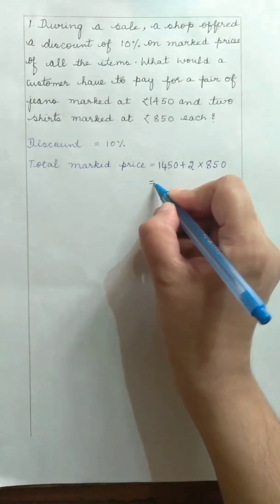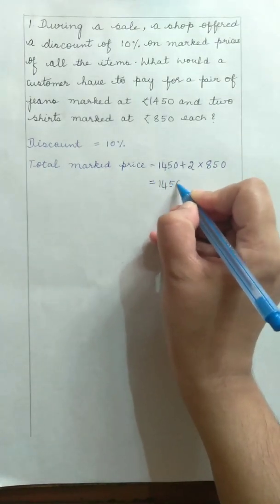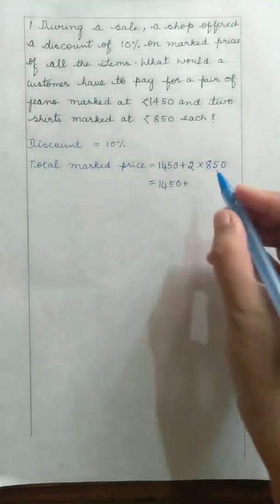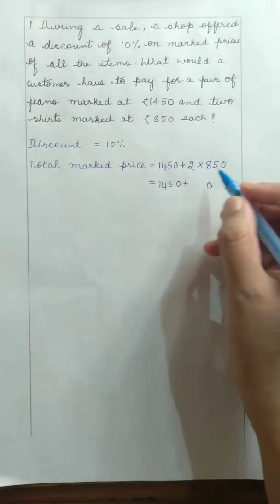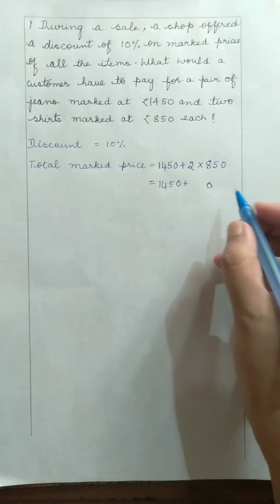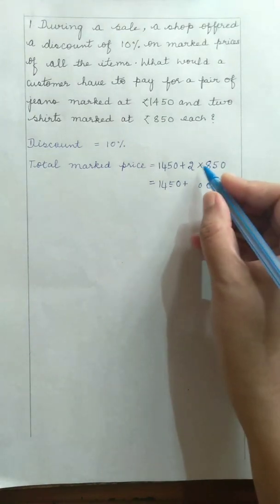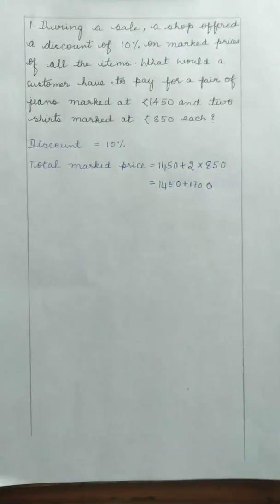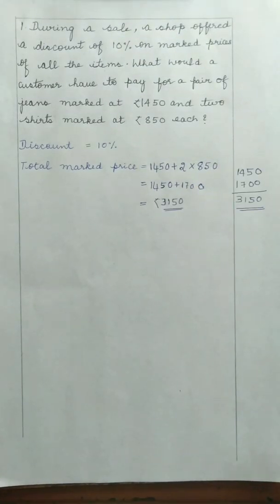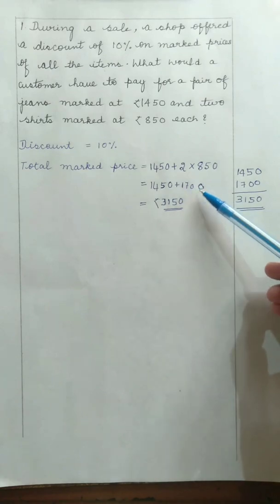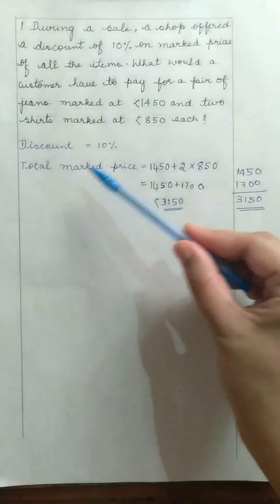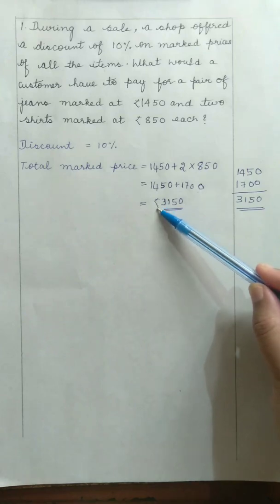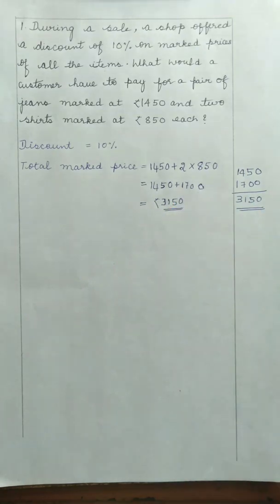Then in the next step, 1450 plus 2 into 850. Now we need to multiply. 2 zeros are 0, 2 fives are 10. 1 is remaining. 2 8s are 16 plus 1, it will be 17. Therefore 1450 plus 1700, the total marked price of the two items will be equal to rupees 3150.